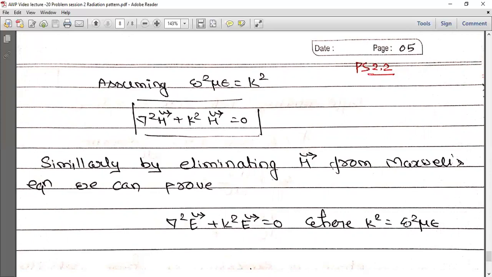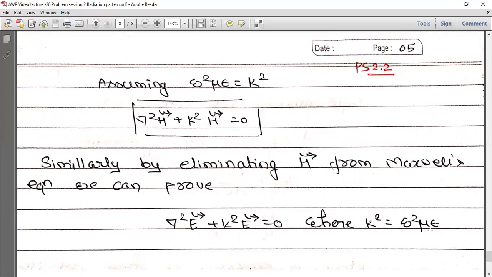Omega is the angular frequency, which equals 2 pi f, where f is the frequency of the propagating wave. So when you think of k square equals omega square mu epsilon, k will be equal to omega root mu epsilon. Omega will be substituted by 2 pi f, and square root of mu epsilon is equivalent to 1 upon c, the speed of light.